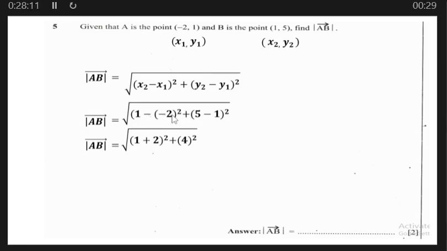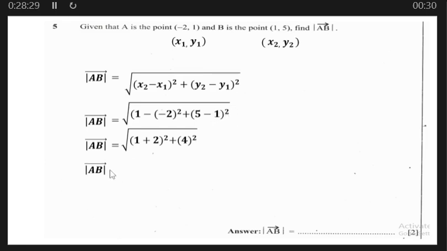So these two will come here, then the bracket will be there. So we have cleared this bracket, then squared, then plus 5 minus 1, which will be 4, squared.